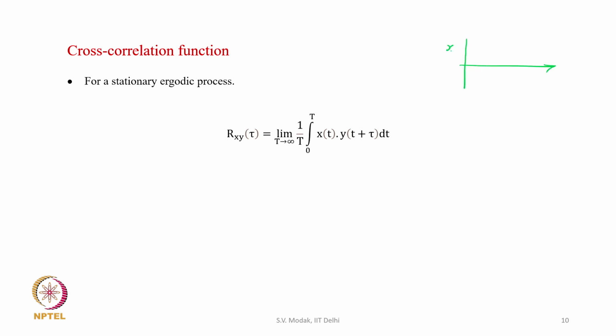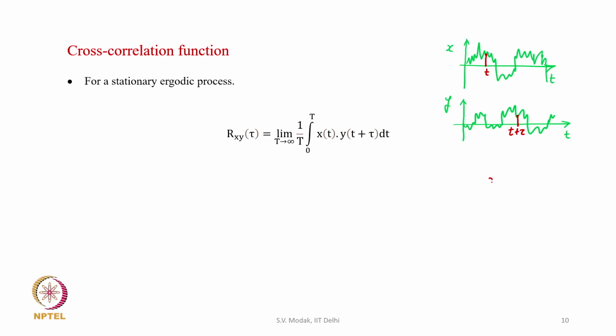So, here we have one signal, let us say this is signal x, and then we have another signal y. And then what is cross correlation? Take a sample from signal x at instant t, and take another sample from signal y at instant t plus tau.